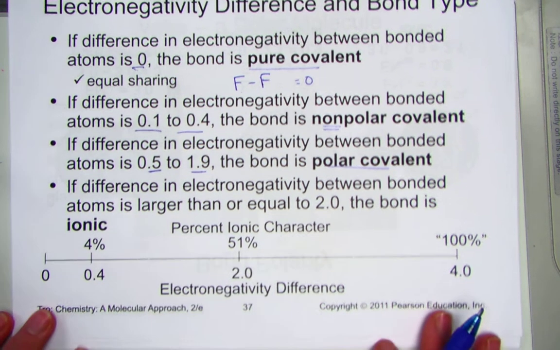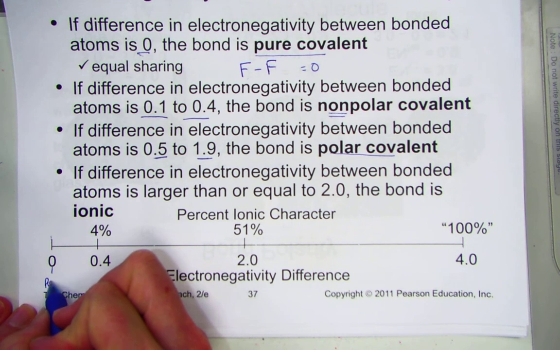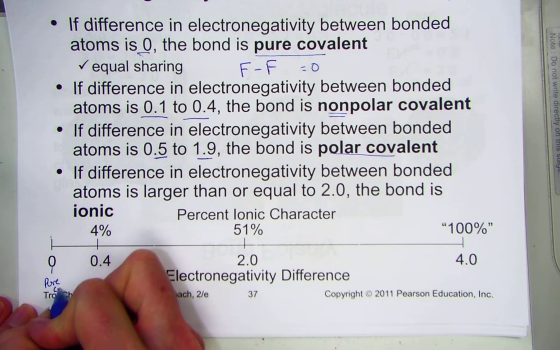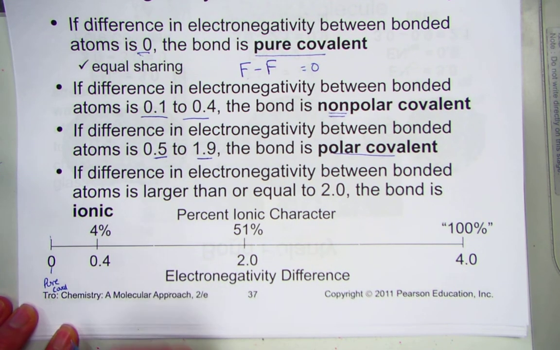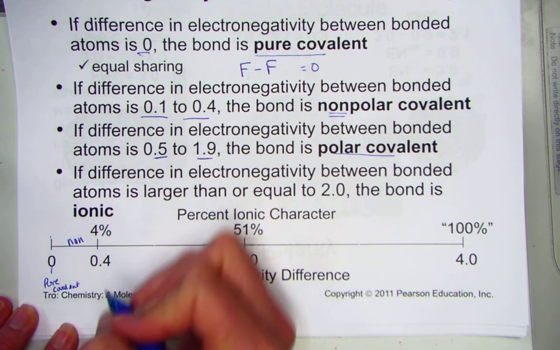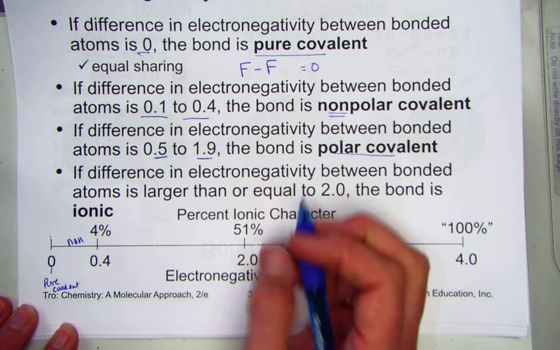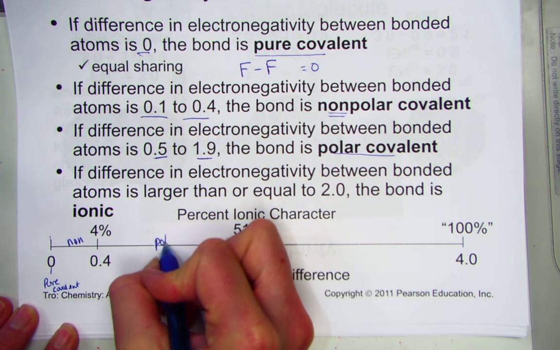So, on a scale of electronegativity difference, a pure covalent where we have 100% equal sharing has an electronegativity difference of 0. Between 0 and 0.4, we call this nonpolar. Between 0.4 and just under 2.0, we call this polar covalent.